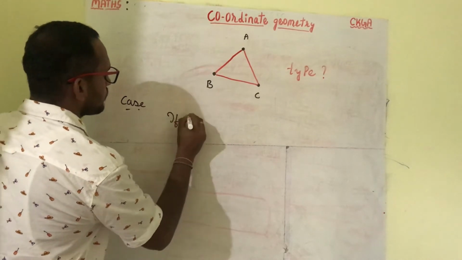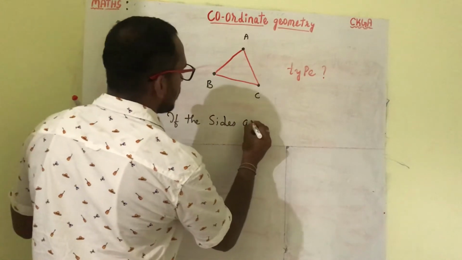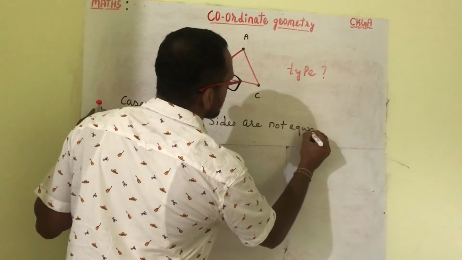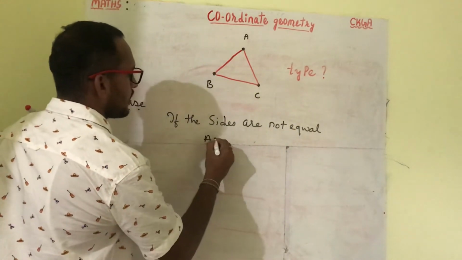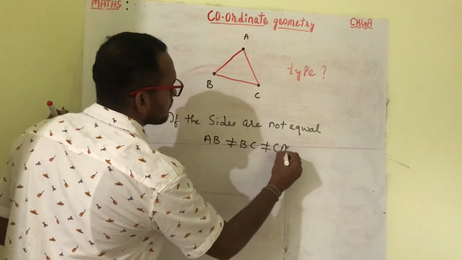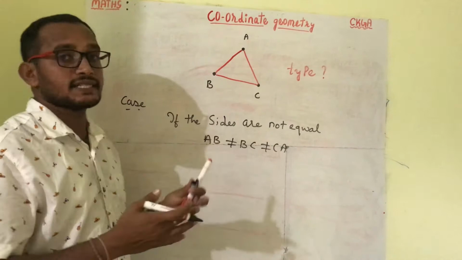Suppose case 1, if the sides are not equal, that is AB not equal to BC, not equal to CA, then what type of triangle should you get if the three sides are different?